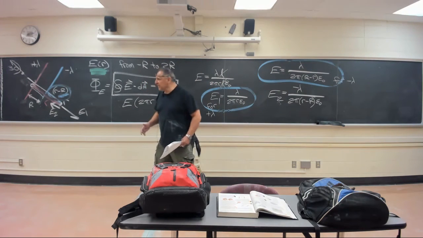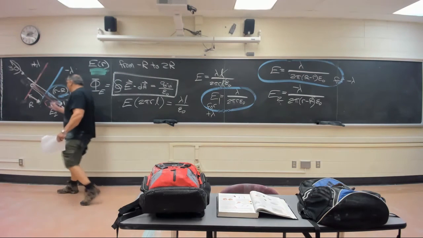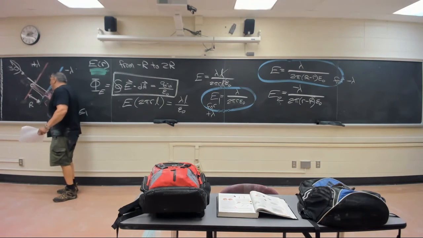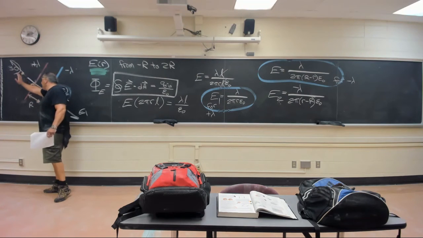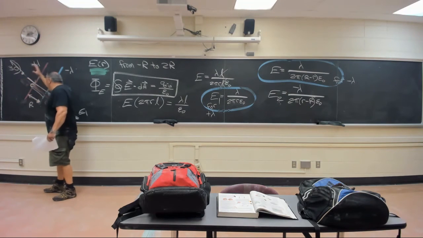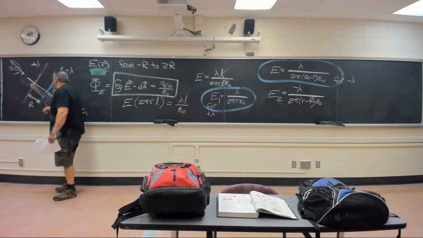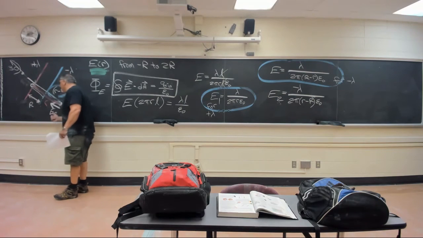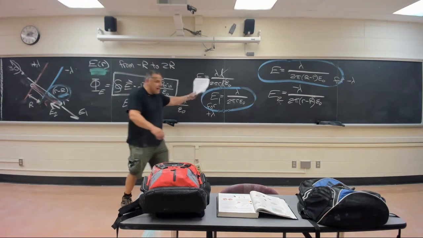There's some matters of concern where it tends to blow up at these critical points right on the actual wires. But to the left of both wires, between both wires, or to the right of both wires, all of this mathematics holds.